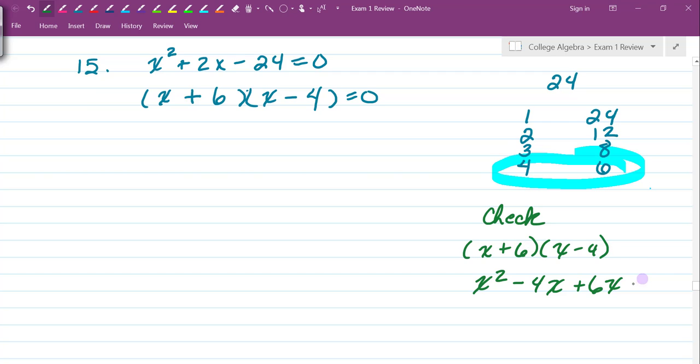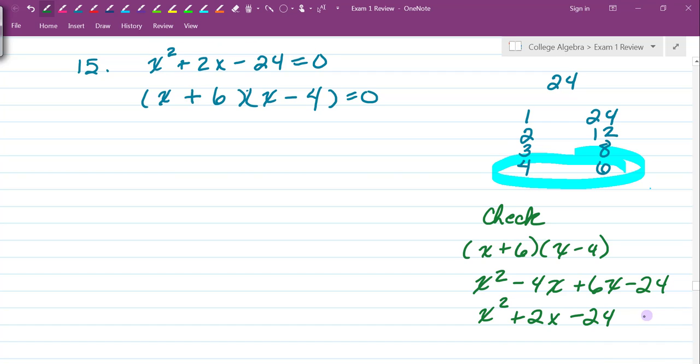Combining like terms, we end up with x squared, negative 4x plus 6x gives plus 2x, minus 24. And sure enough, it equals the one up here. So we know we have the correct factors.